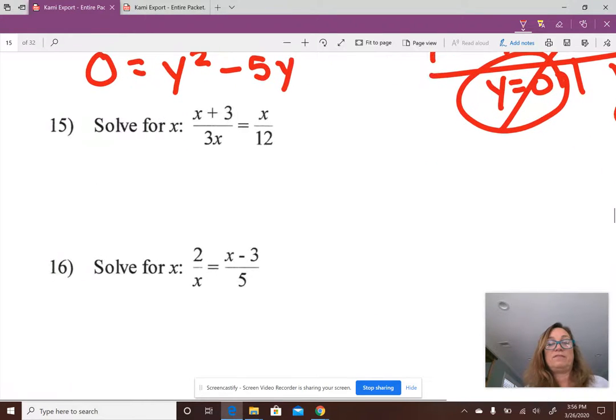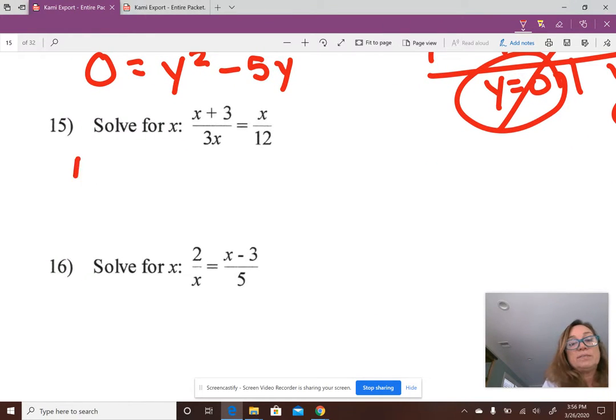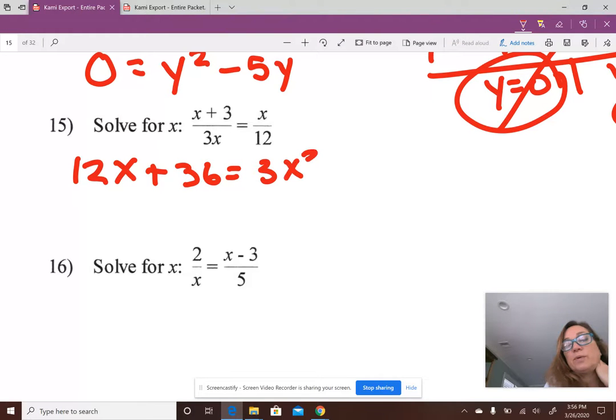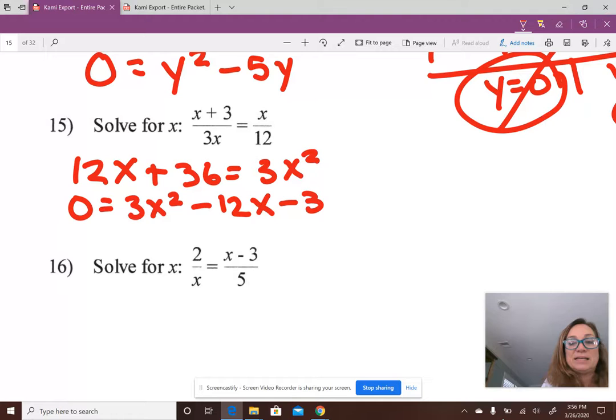Okay, 15. Cross multiply, you get 12x plus 36 equals 3x squared. I'm going to move everything to the right. So 0 equals 3x squared minus 12x minus 36.